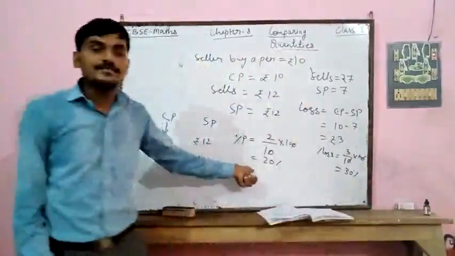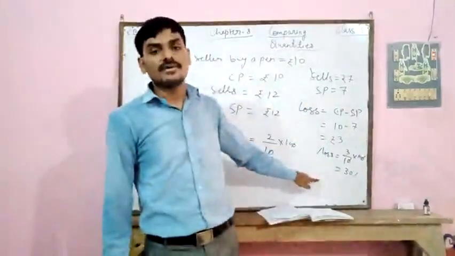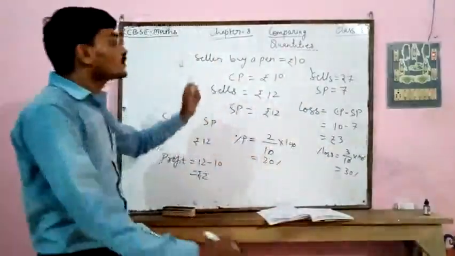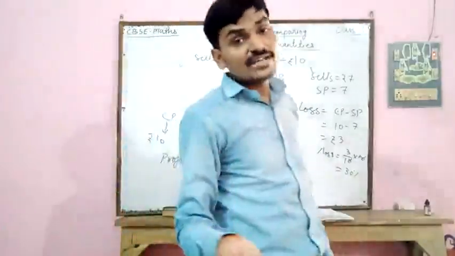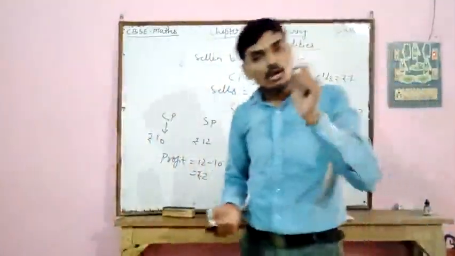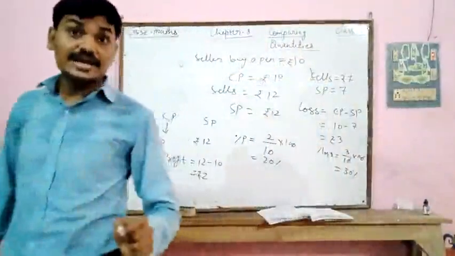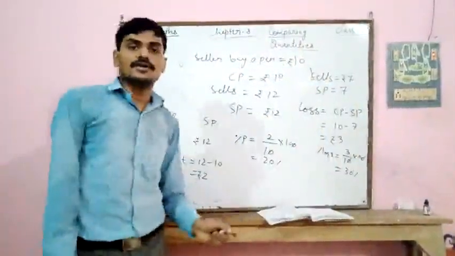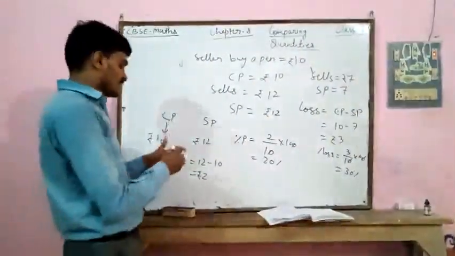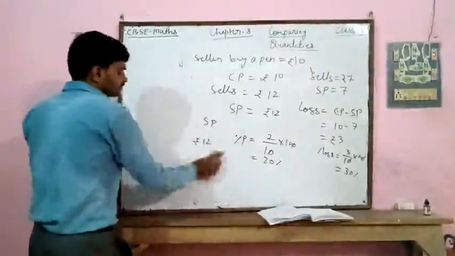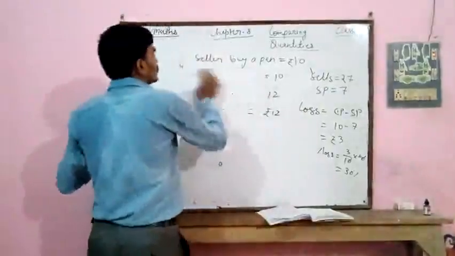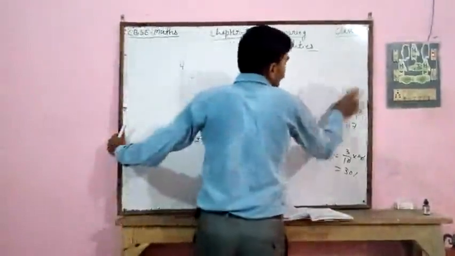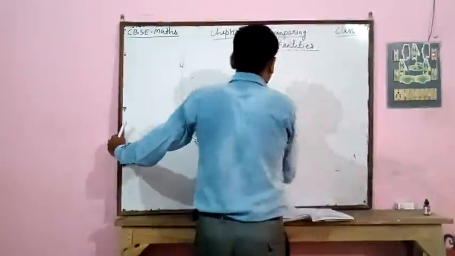So here is a 20% profit and here is a 30% loss. If CP is greater than SP, there will be loss, and if CP is less than SP, there will be profit. Now these are the formulas to find profit, loss, and percent profit and loss. Here I am going to write all the formulas.